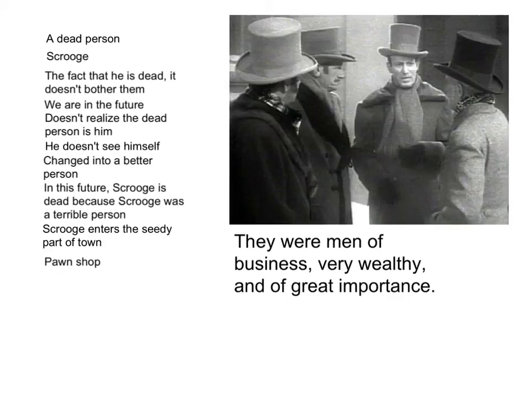It's usually associated with seediness and dirtiness and disgust and crime and filth. So we're going to go there. Read to the point where it says Mrs. Dilber was next, and we'll catch up there.